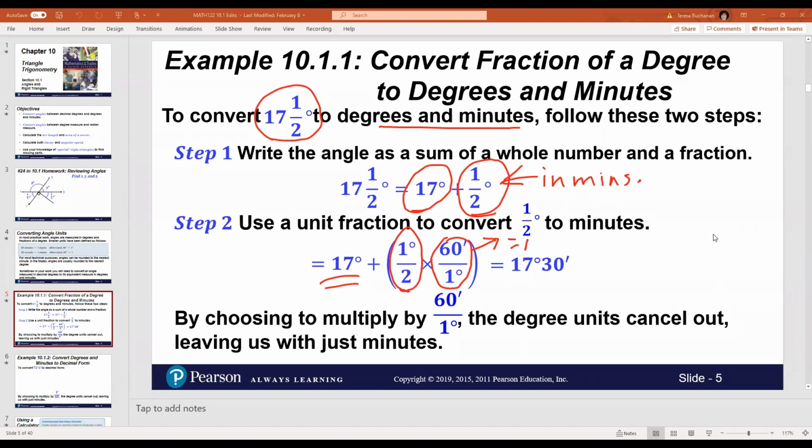And therefore, it's a fair unit multiplier, and it will allow me to get my conversion done, because we have degrees and degrees canceling. What remains is all the minutes.